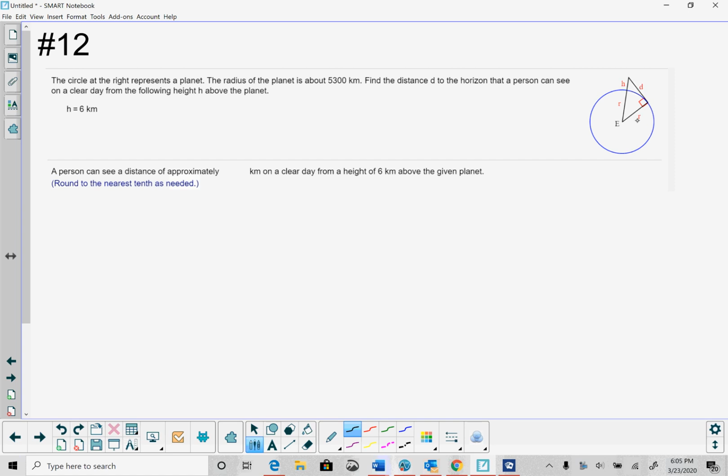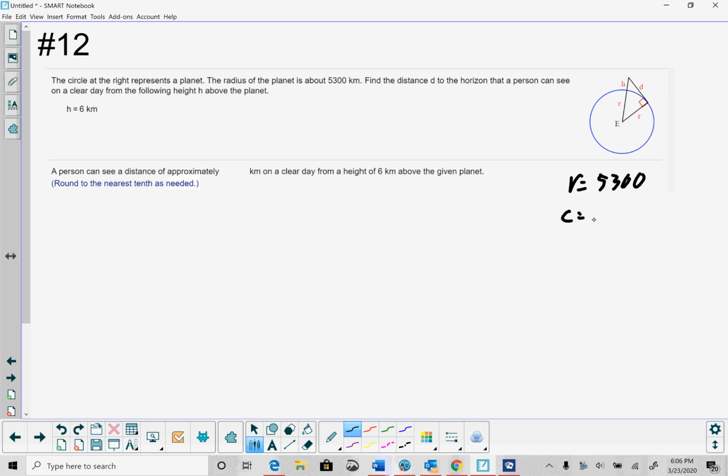All right, well, we're told here that this radius is, please note, not drawn to scale. The hypotenuse of the right triangle is the radius of the planet plus that person being 6 kilometers higher.